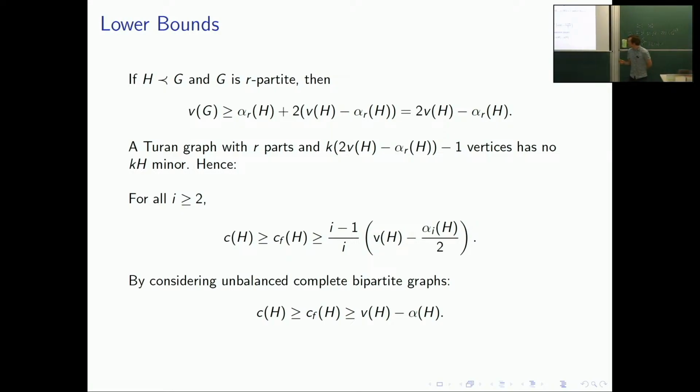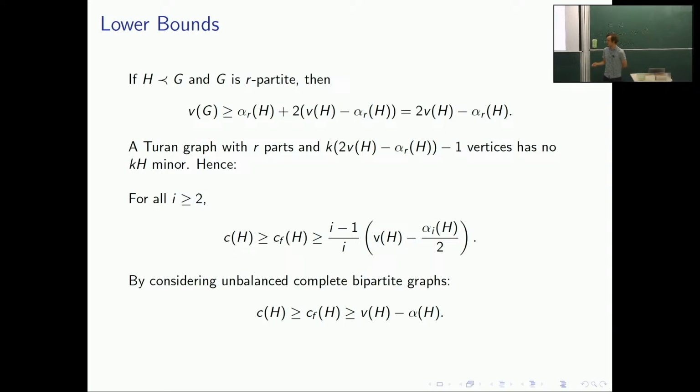And so the other lower bound we get is by considering a complete unbalanced bipartite graph. In this case, if one side of the bipartite graph has just fewer than this many vertices, then the bipartite graph will not contain a graph H as a minor.